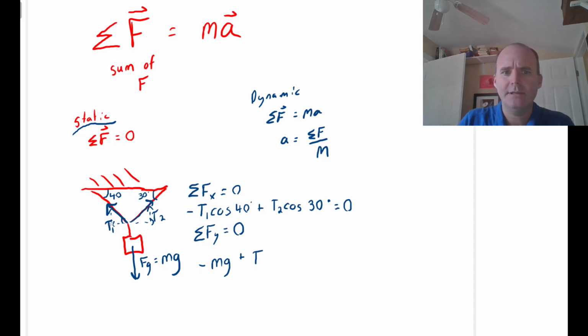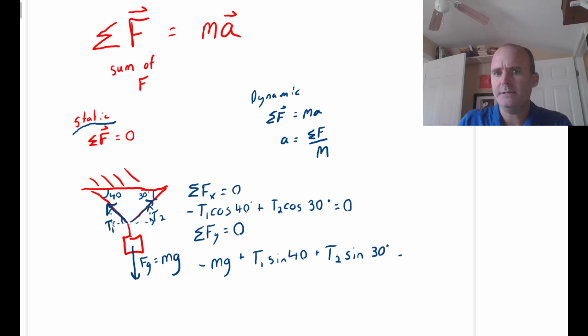Looking at T1, this is the opposite side, so I would have T1 sine of 40 plus T2 sine of 30 degrees, equal to 0. Now if they gave you one of the tensions, or the mass, you would be able to solve for a couple of unknowns. So that's an example of a statics problem.